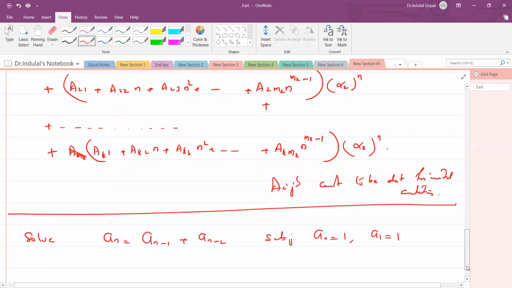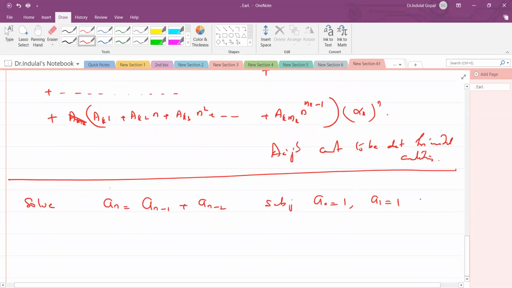There is no problem here, because we got a2 equal to 2 the other day, and this a2 is equal to a0 plus a1. This satisfies the recurrence relation. So we add a new initial condition a0 equal to 1 for computational purposes.